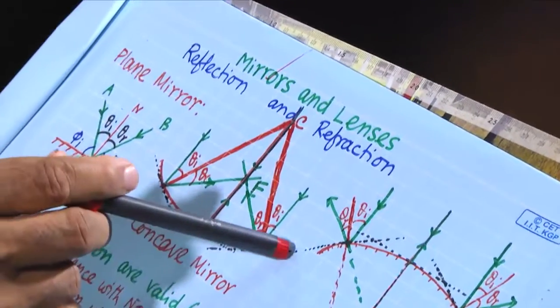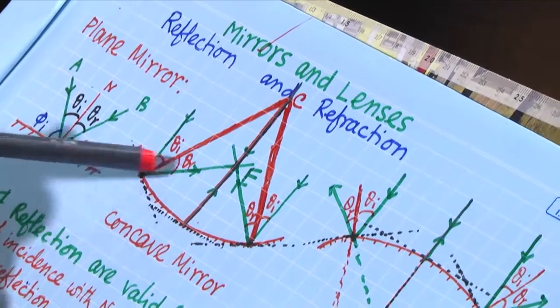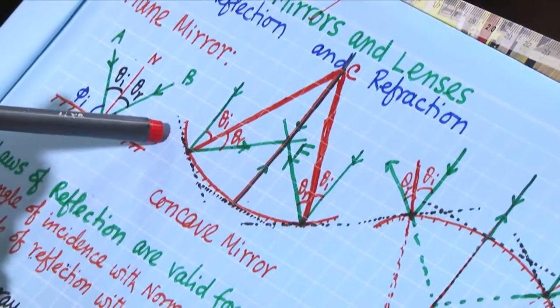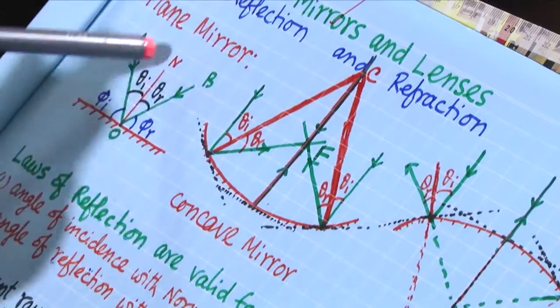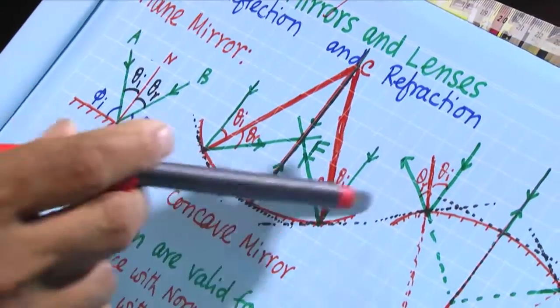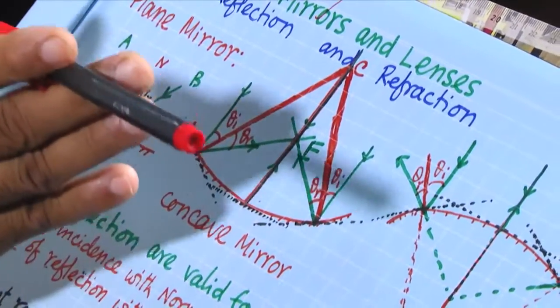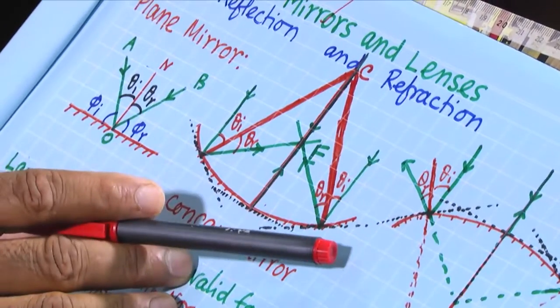Concave mirror. Okay, this is the concave mirror. This concave mirror is the curved one. It is basically a part of a sphere. Okay, one small portion of a sphere is the concave mirror.